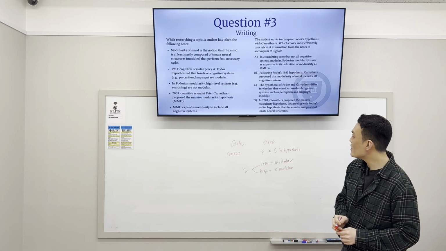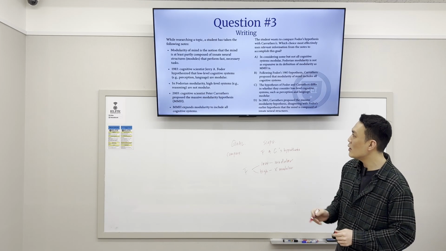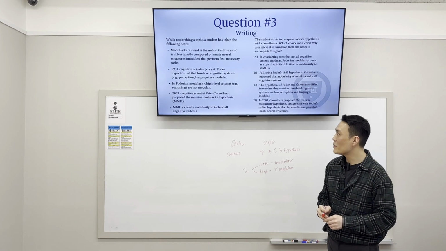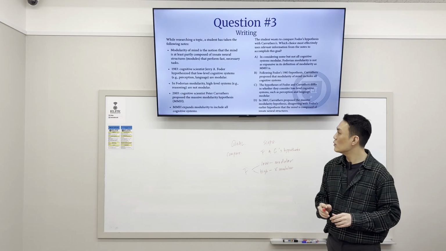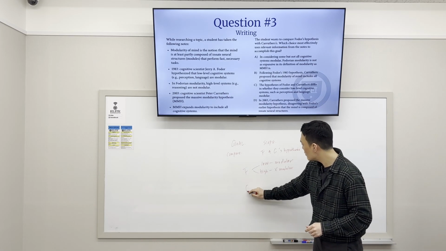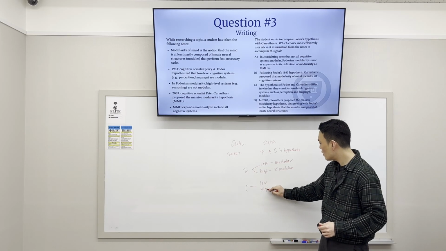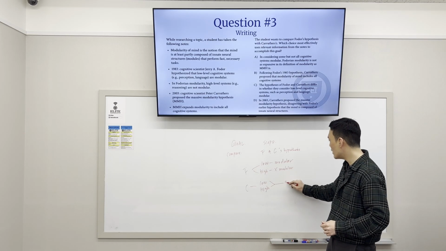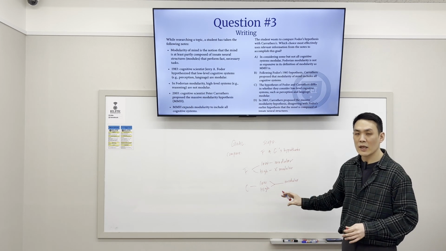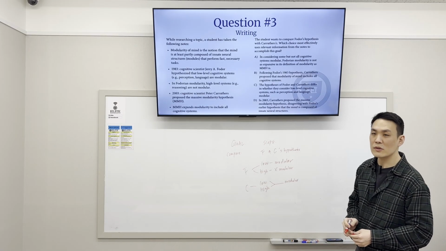Next, we have C, Carruthers. 2003, cognitive scientist Carruthers proposed the MMH. MMH expands modularity to include all cognitive systems. So there we have a distinction. Whether it's low or high, for Carruthers, they are all modular. So that's the kind of note-taking or brain work you want to do before looking at the answer choices.